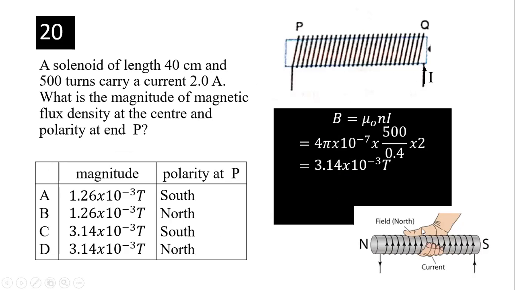Then use your right hand grip rule. Okay, current is coming down. So right hand. There. So Q is north, V is south. So the answer is C. Answer is C.